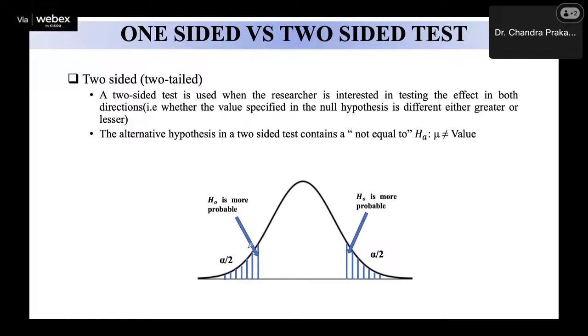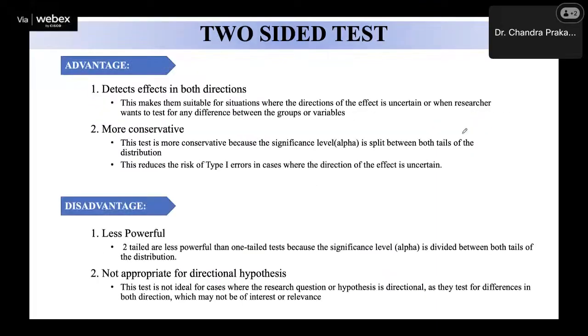In case of the two-sided or two-tail test, we use it when we are interested in testing the effect in both the directions. The alternate hypothesis is that the weight of the chips is not equal to 50 gram.